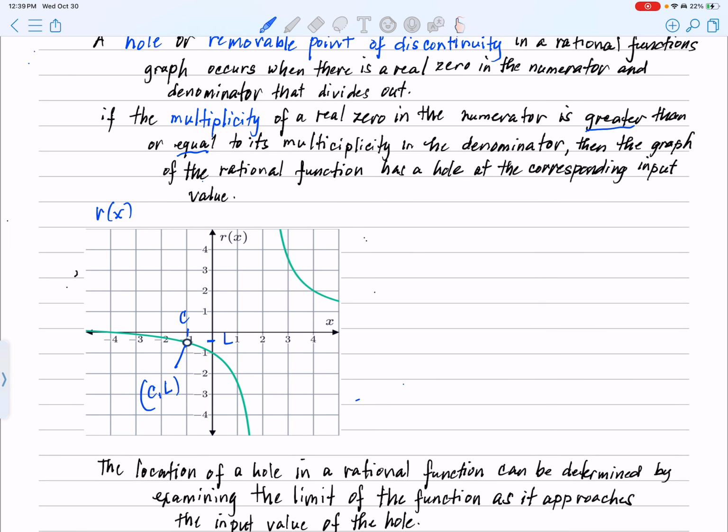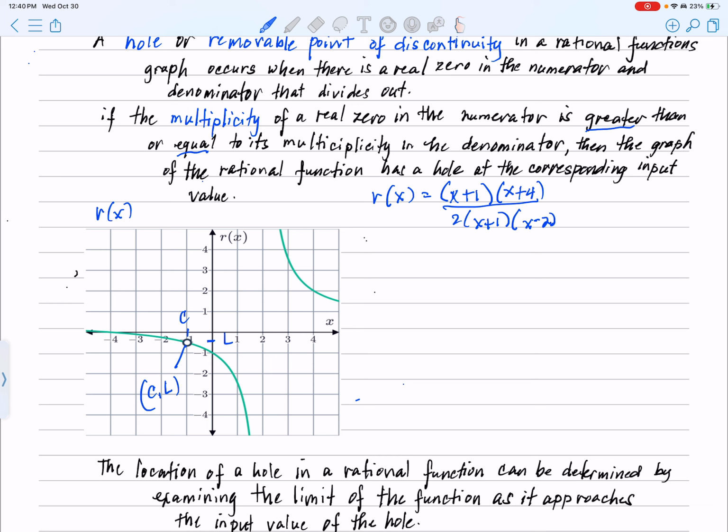So in this case, we're going to deal with this afterwards. Let's have a function r of x equals x plus 1 times x plus 4 over 2 times x plus 1 times x minus 2.